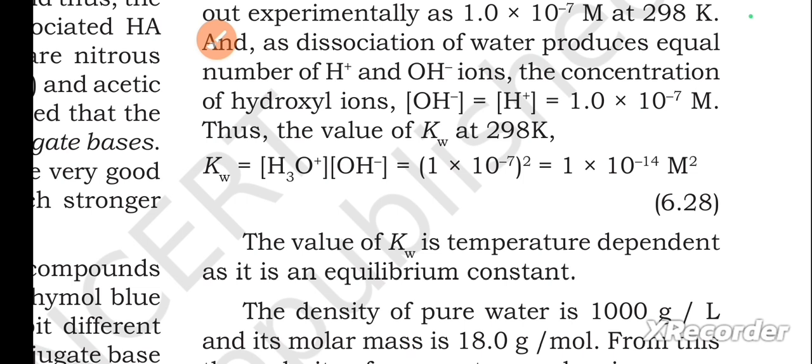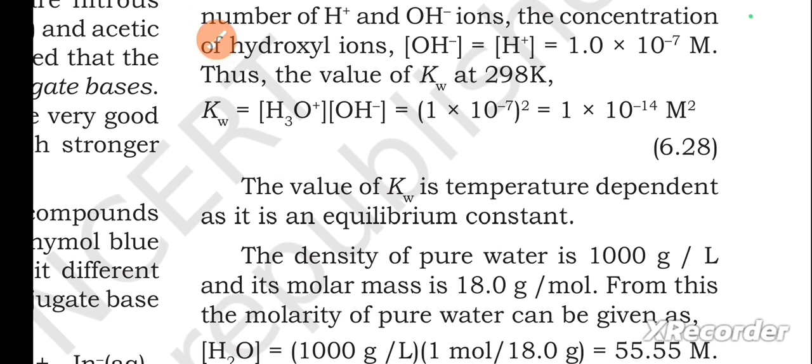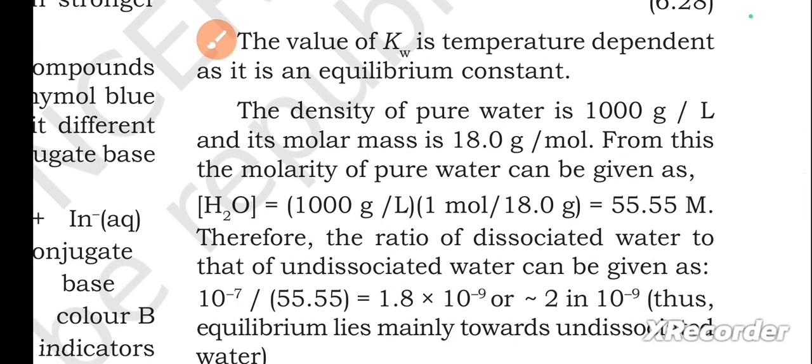Thus, the value of Kw at 298 K is temperature dependent and it is an equilibrium constant. The density of pure water is 1000 gram per liter and its molar mass is 18.0 gram per mole.